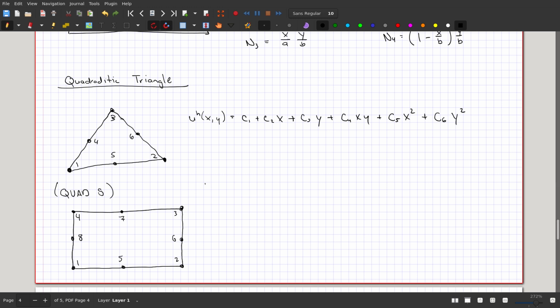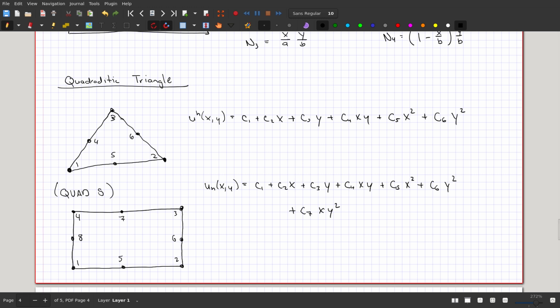So in this case, we have approximation field that.